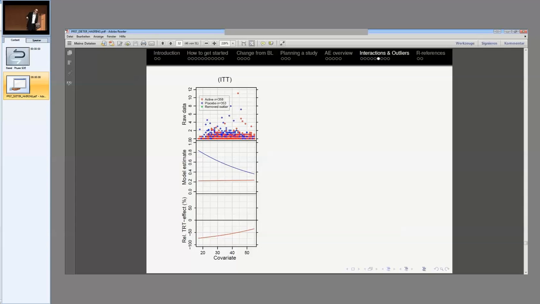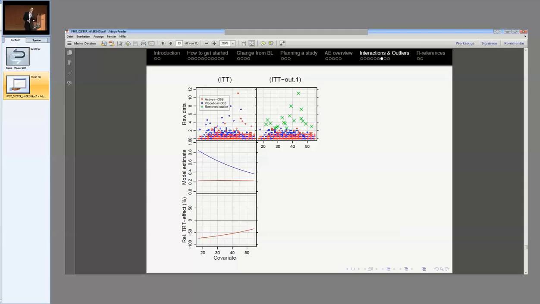And in the third plot down here, we see the relative treatment effect, so it's active to comparator. On the left-hand side, the relative efficacy is about 80%, and on the right-hand side, it's maybe about 30%. But you can also see it's always on the good side of placebo. So we always have a beneficial treatment effect, even though it's significantly different on one side of the covariate than on the other one. That's the main result.